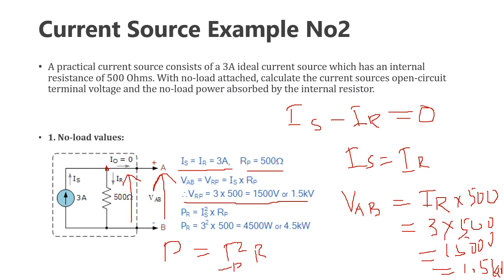We know the value of IR and we know the value of R. The IR is 3 ampere. Therefore IR squared times R is 3 squared into 500. That will be equal to 4500 watt, or another way we can write it as 4.5 kilowatt.